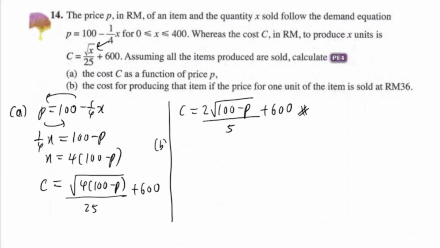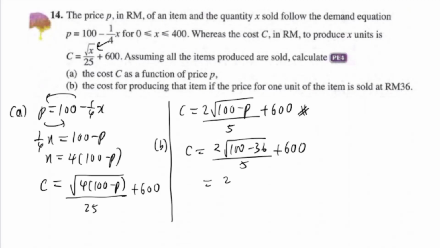Okay, next. Calculate the cost of producing the item if the price of 1 unit of the item sold is 36. I think they should say 1 unit. Okay, the price of 1 unit is 36. So we're going to put 36 inside. 2 square root of (100 minus 36) over 25 plus 600. 100 minus 36 is 64.